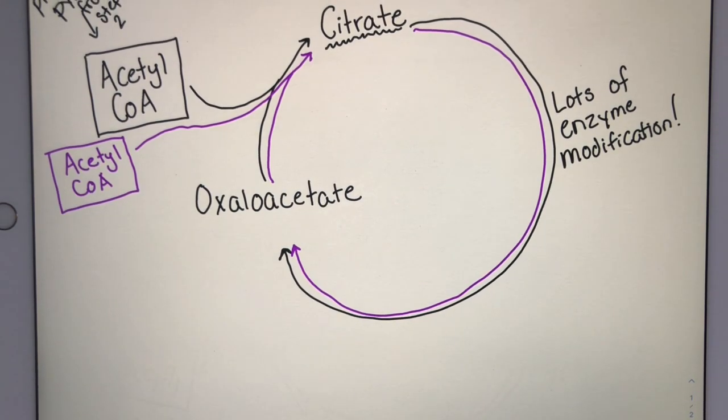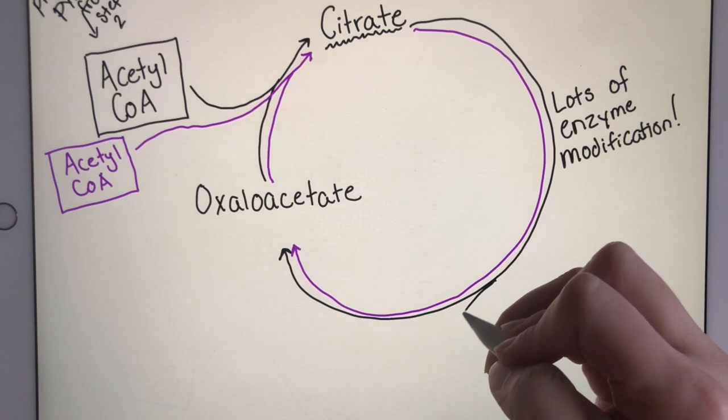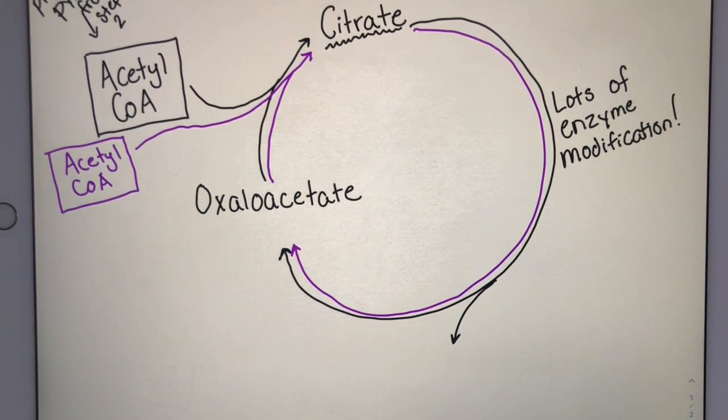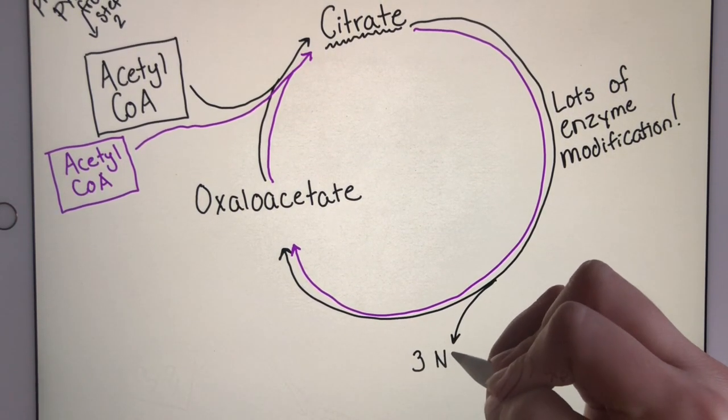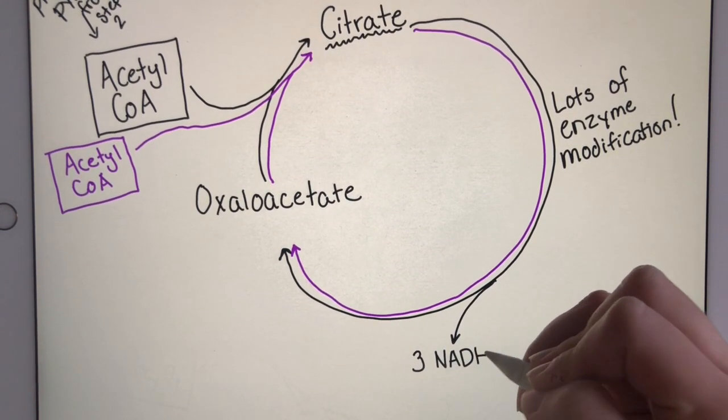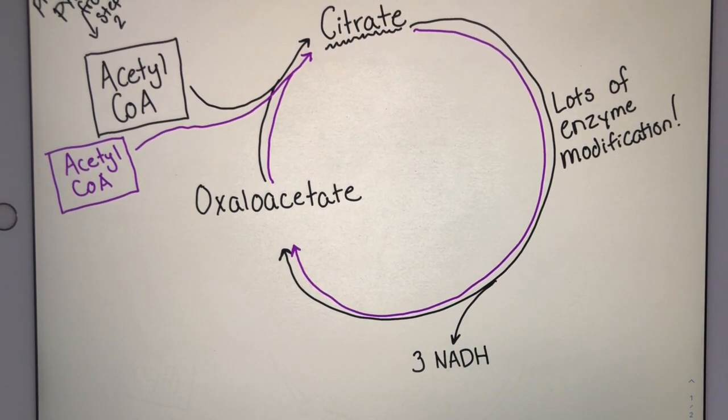So let's talk about what we get out of the citric acid cycle. As we're modifying citrate with lots of enzymes, we get some very important molecules out. We get 3 molecules of NADH, because 3 NAD+ molecules have accepted an electron and a hydrogen that goes with it.